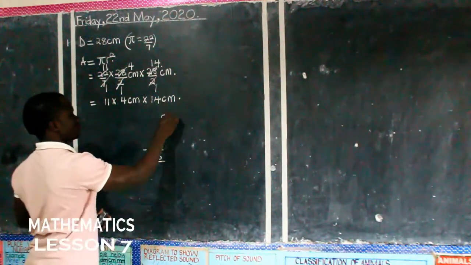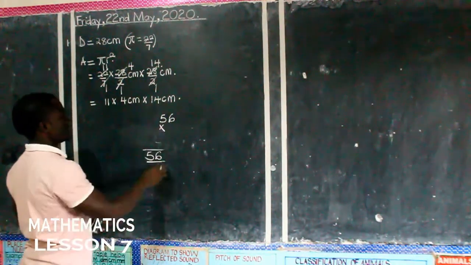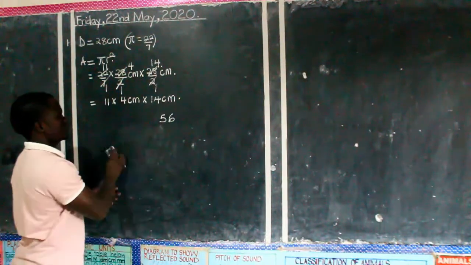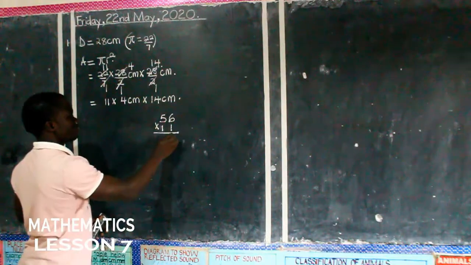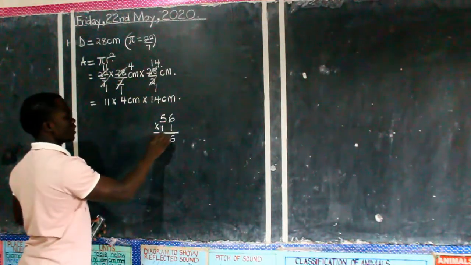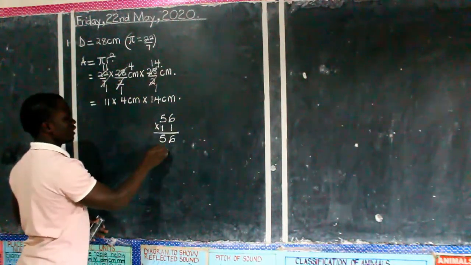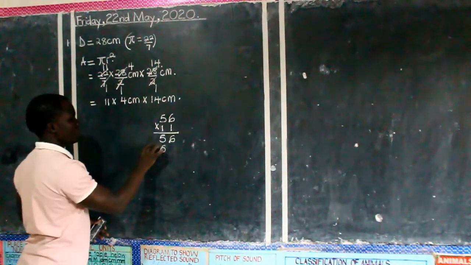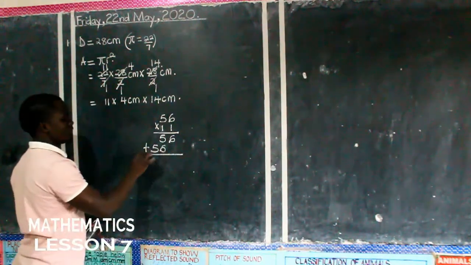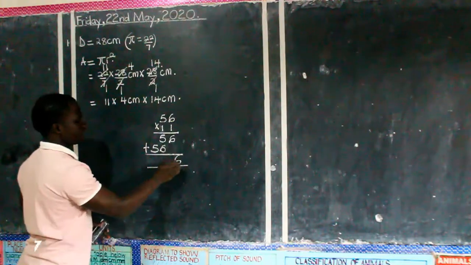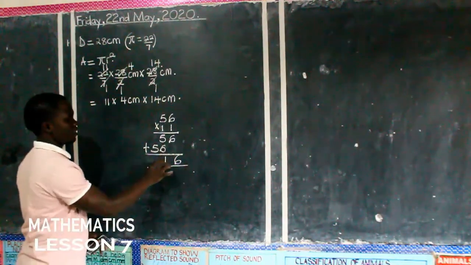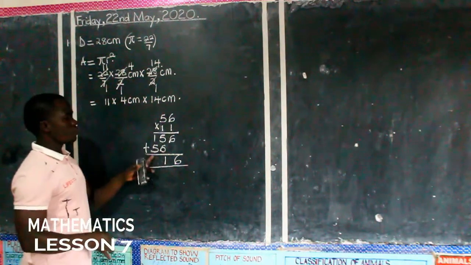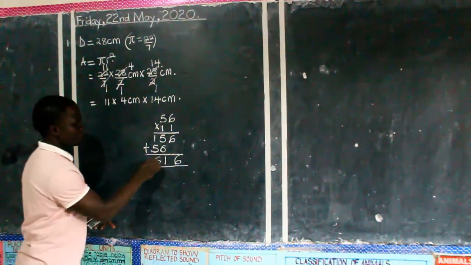We shall again have 56 times 11. What do you get? 1 times 6, 6. 1 times 5 shall have 5. 1 times 6, 6. 1 times 5 shall have 5. What do you get here? This is 6. 5 plus 6. We have 11. Write 1 and carry 1. 1 plus 5. We shall have 6.